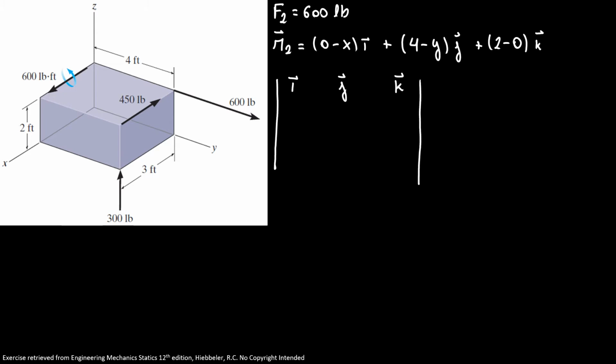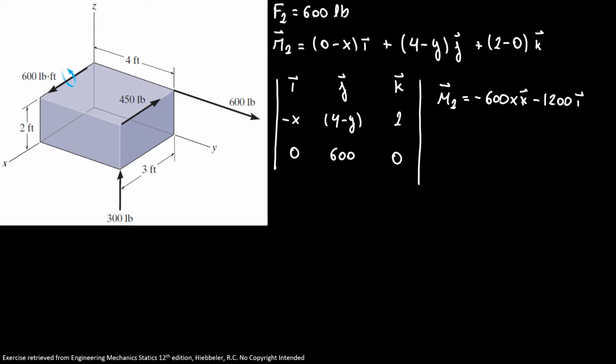Our vector distance is minus x, 4 minus y, and 2, and my force is 0, 600, and 0. So our M2 in vector form is minus 600 x k minus 1200 I.